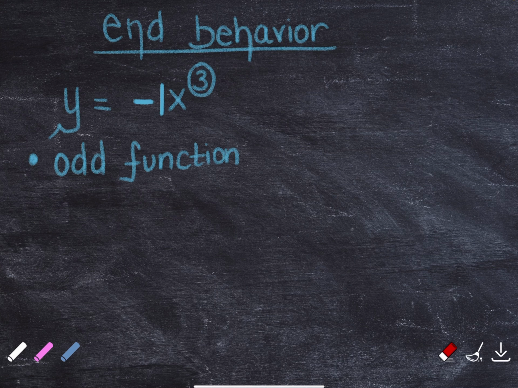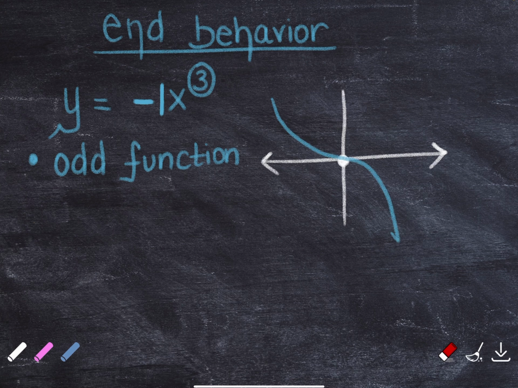These types of functions where the degree is an odd number are called odd functions. Their shape is going to be about the origin. So let's see what the shape of the graph for the negative function is going to be. Something similar to what we had, and it is going about the origin. You can even graph the function.